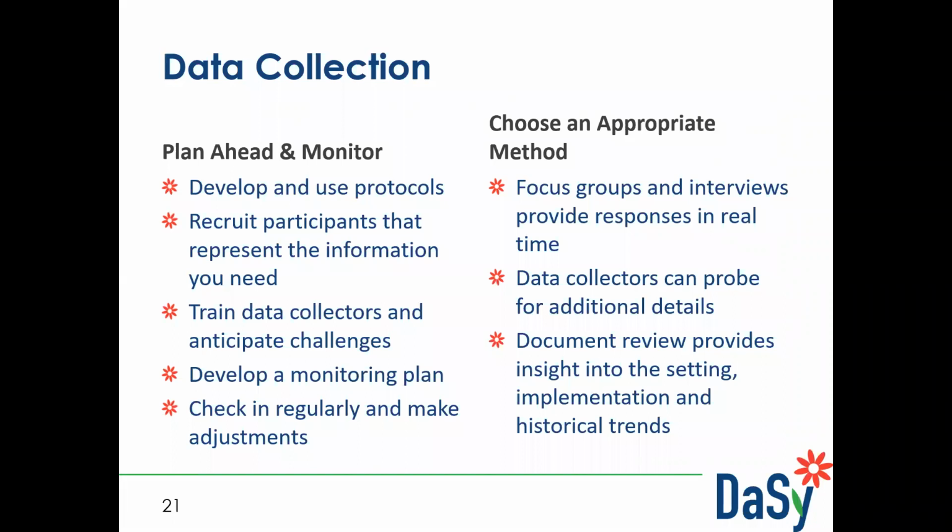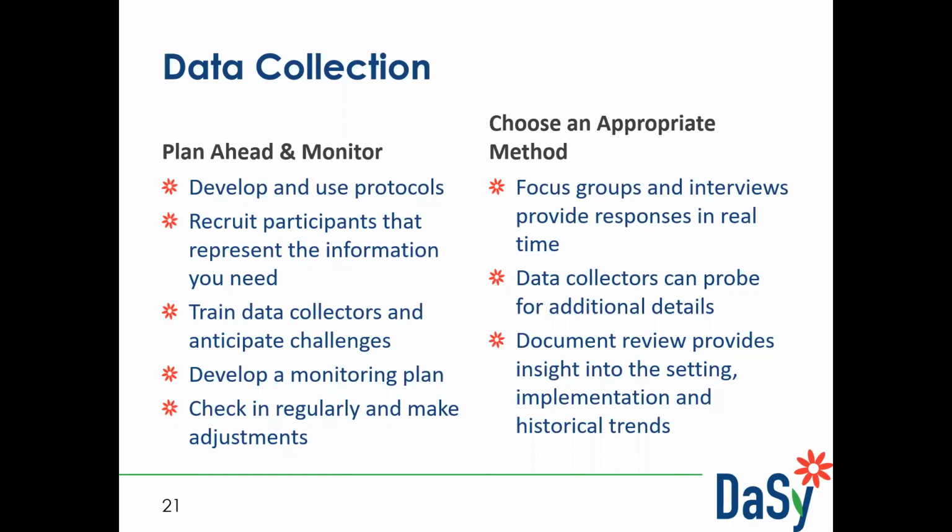It's a really good idea to think about how you're going to recruit participants, especially if you're looking at families and service providers who may not be in a metro area, who may not be close to your agencies. You also want to make sure that they represent the information that you need. You will need to plan for data collection and also ensure that data collectors are collecting information in a uniform way.